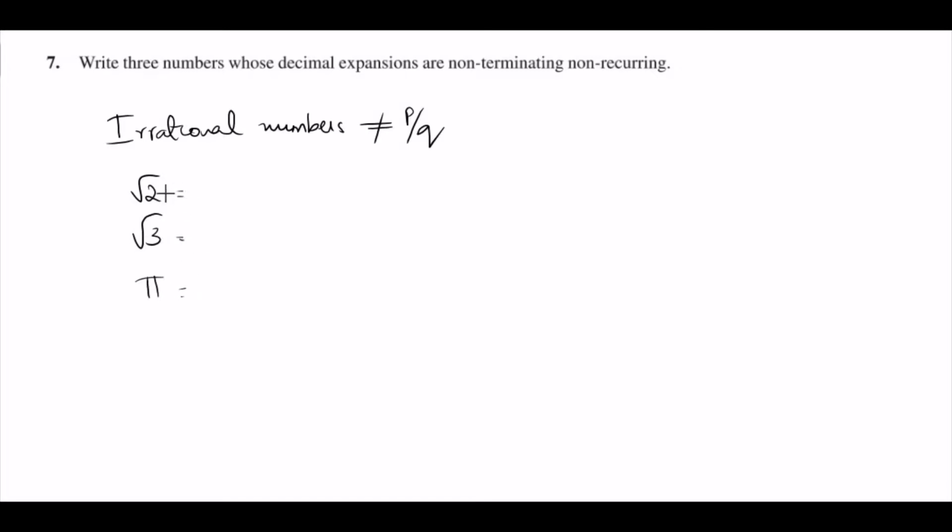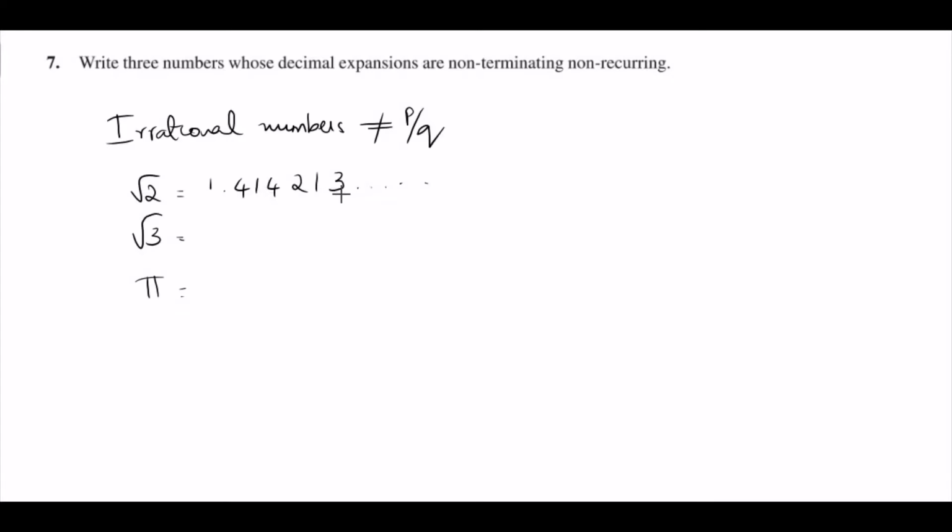So the value of root 2 is 1.414213, etc. That is, after the decimal point, the numbers will not repeat and it will go on. That is, you will have different numbers. The decimal expansion will not terminate. That is, it is non-terminating and non-repeating.